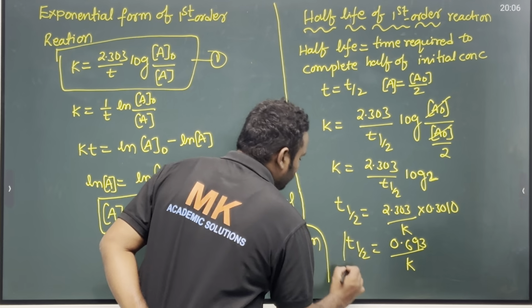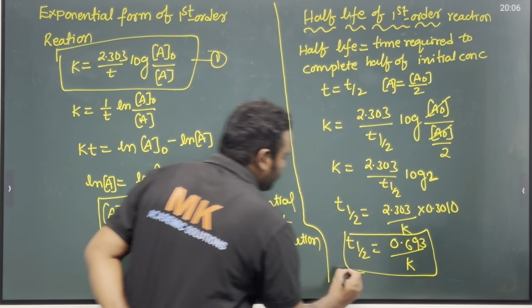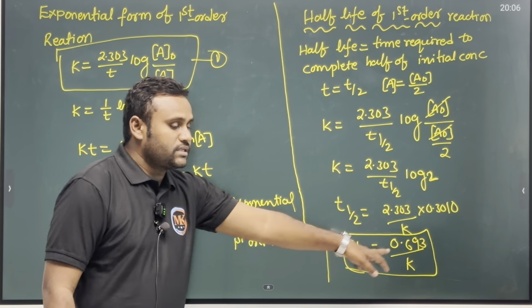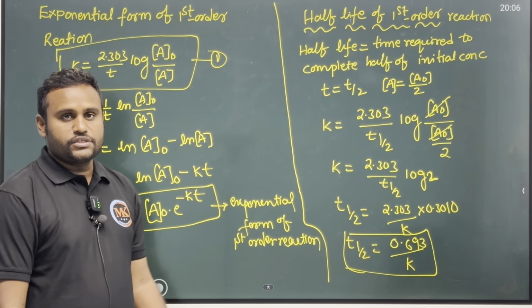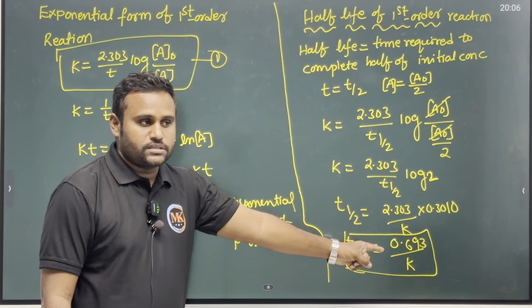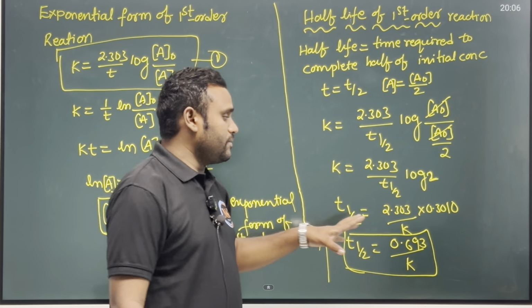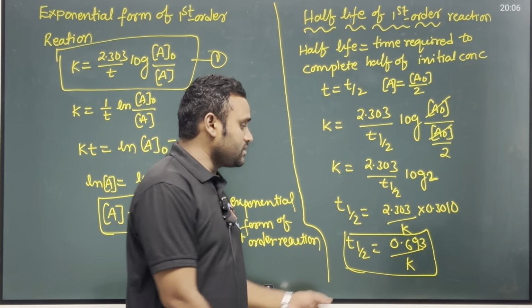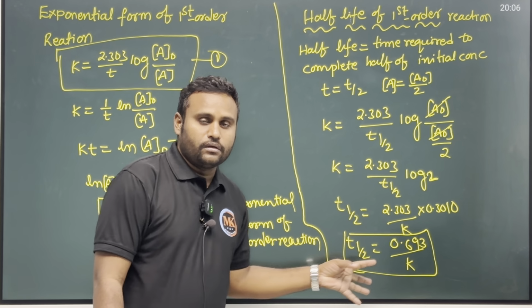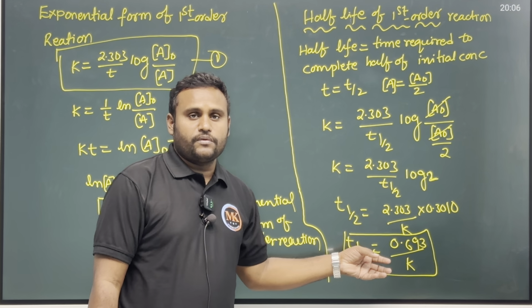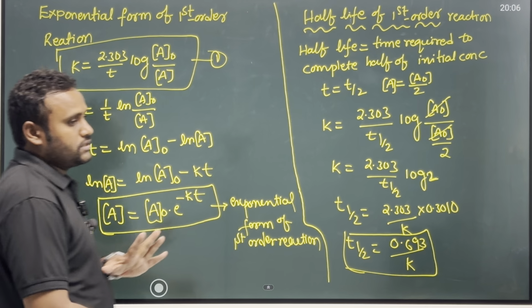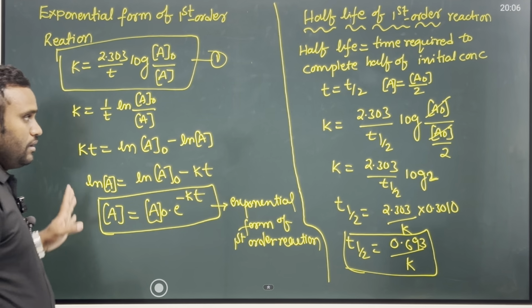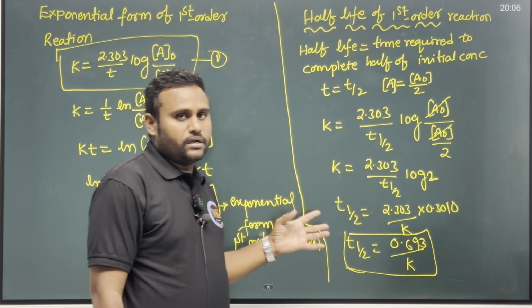That is the t half, which means the half life of the reaction does not depend on the initial concentration in first order reactions. This is the main important point. t half does not depend at all on initial concentration in first order reactions. This is about the equation part.